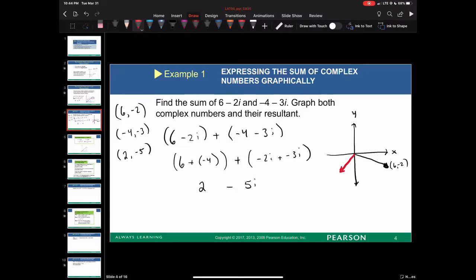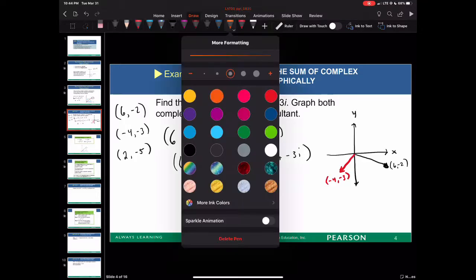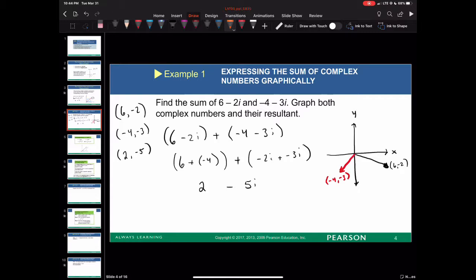Then we can say that this is our negative 4, negative 3. Then our resultant comes here. This will be 2, negative 5. So this is just a sketch of the graph and how it would look.